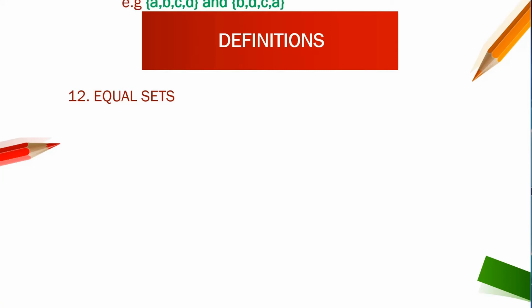For example, equal sets would be A, B, C, D and B, D, C, A, because they have the same elements, same members in them. It's just rearranged differently. So we have A, B, C, D, and the other set has A, B, C, D just rearranged in a different way. So these are equal sets.